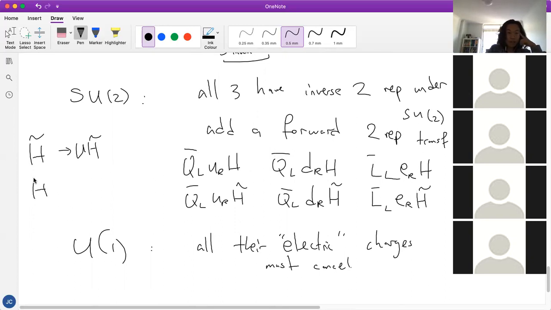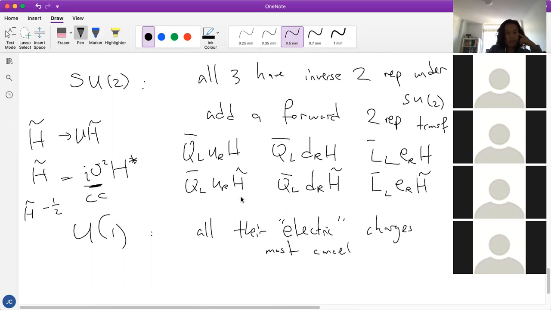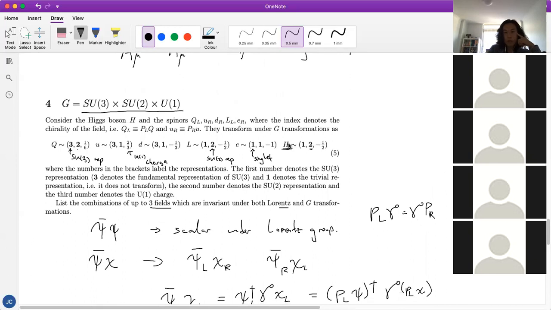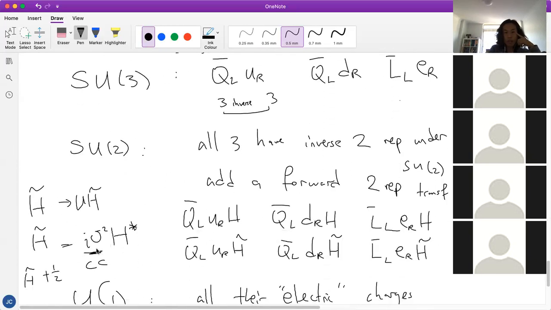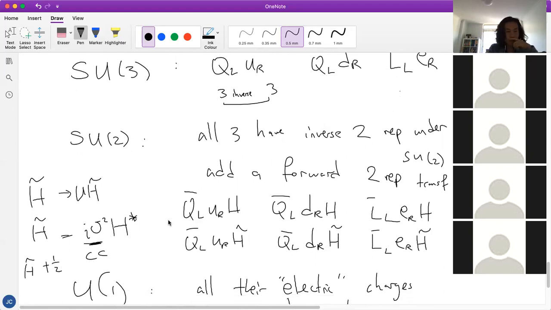One thing to notice about H tilde is that it looks like this, and this is the charge conjugation operator. So H tilde has a U1 charge of plus a half, because the Higgs boson has charge minus a half. H tilde is just the Higgs boson, but charge conjugated, so you get a plus 1/2 charge.